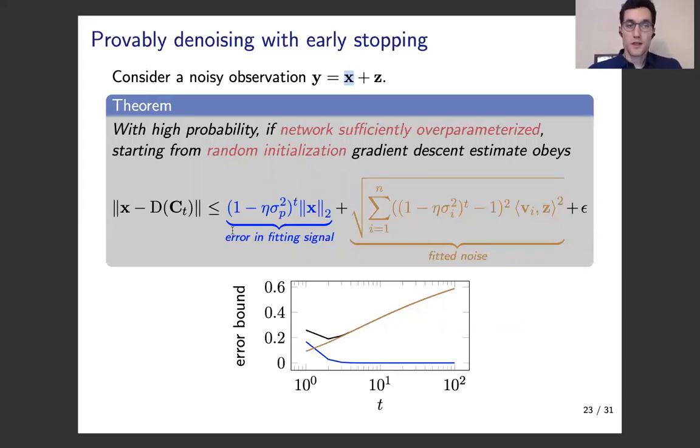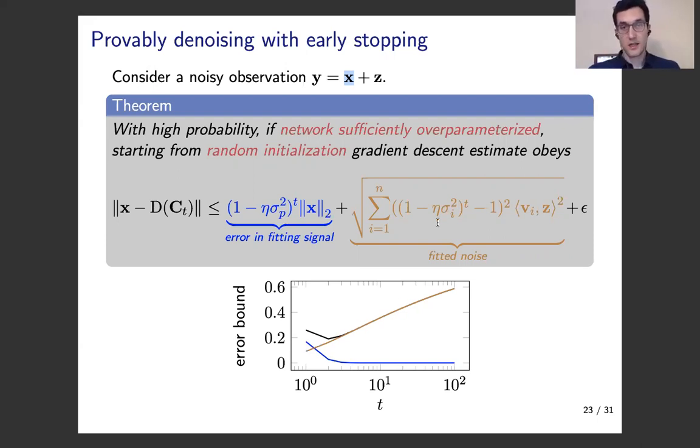Now, if we look at X, our signal, minus the output of the deep decoder at iteration T, there are two errors here. The first is the error in fitting the signal. If our signal is smooth, then it's well represented by a few of these basis functions, so after a few iterations the signal part is fitted perfectly. But then there's also an error in fitting the noise. The longer we iterate, the more of the noise we will fit.